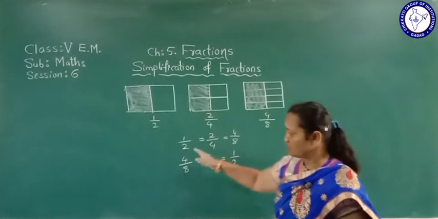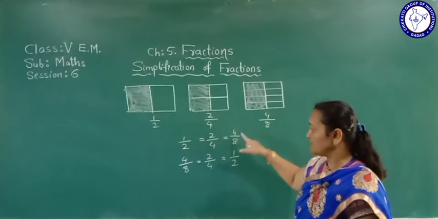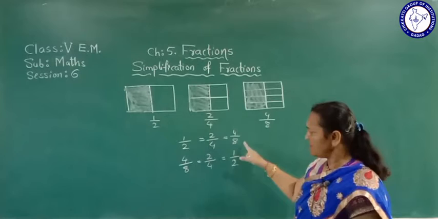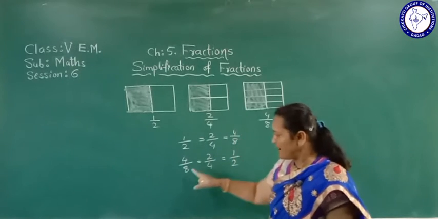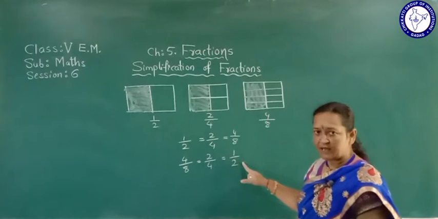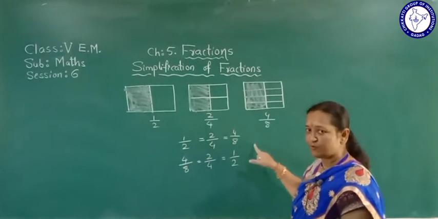Here 1 by 2 equals 2 by 4 and this 2 by 4 equals 4 by 8. If these are equal to one another, then definitely we can write 4 by 8 equals 2 by 4 equals 1 by 2, isn't it? Now 1 by 2 we can convert to 4 by 8.